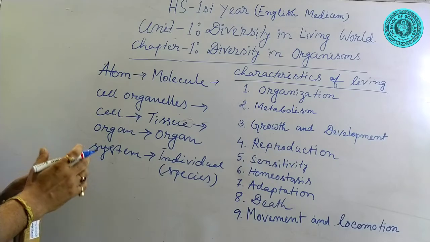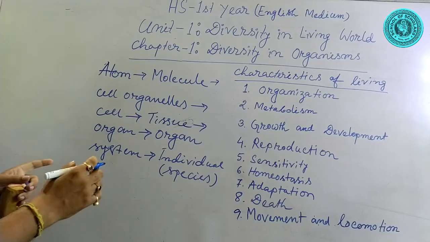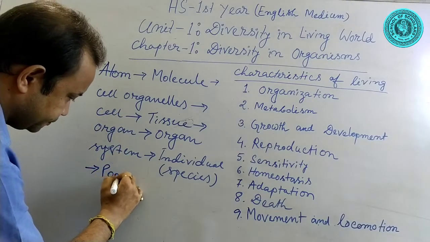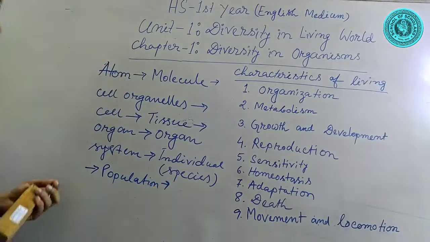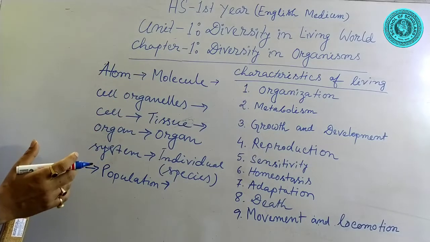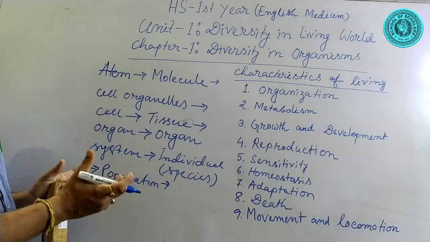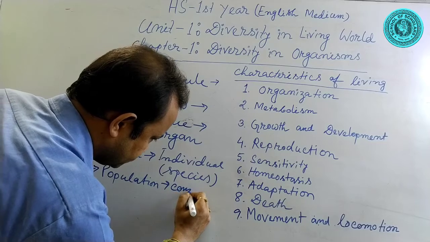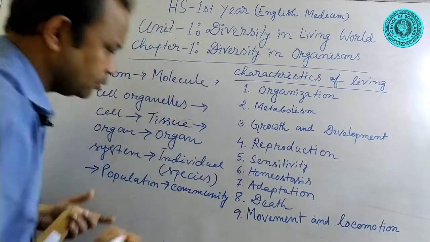After the formation of an individual of a species, different members of the species are aggregated to form a population. Populations are different kinds of population. That means a population is a group of individuals of the same species, and these populations aggregate to form a community.